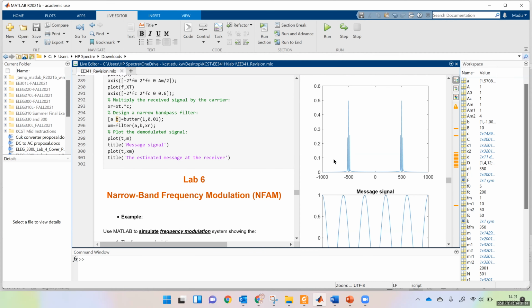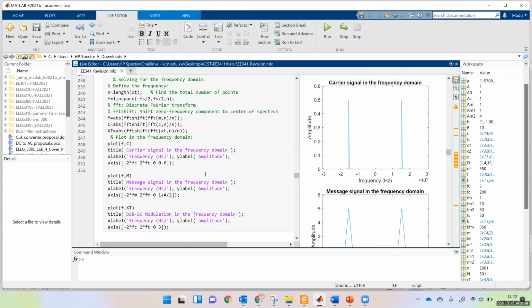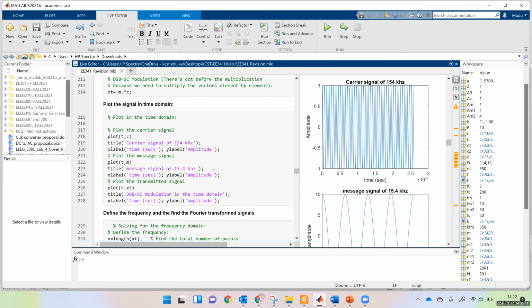Okay, so that's it about the revision. I will upload a revision video today, and also I will upload this example, so you can take reference and study accordingly. Okay, so on Monday there will be 2 sections, section number 1 and 3, and on Wednesday section number 2.